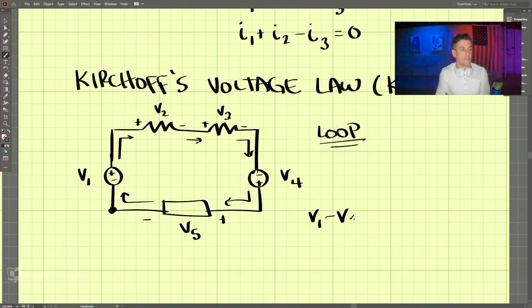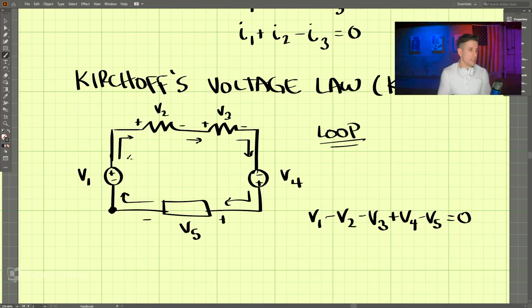So we have minus V2, and then we have another one, positive to negative, that's V3. So we have negative V3. And then we go to V4 here, and that's negative to positive. So that's a positive now, and that's V4. And then we have V5, which is positive to negative. And we set that equal to 0.